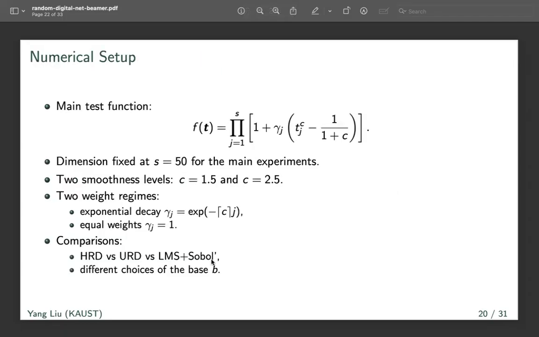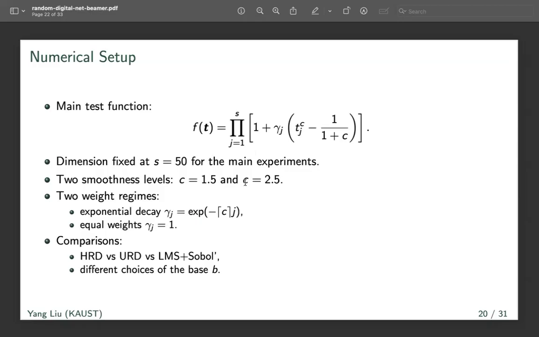Okay, so now we go to the numerical results. We will study this test function given by this form, and we consider a 50-dimension example. This parameter c will control the smoothness of the function.